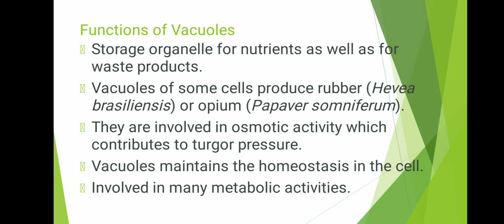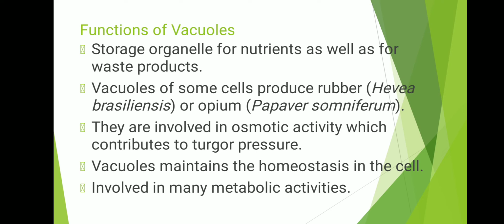We can also say that these vacuoles maintain homeostasis of the cell. If there is a variation in the environment, these vacuoles don't allow plant cells to be affected by the change.